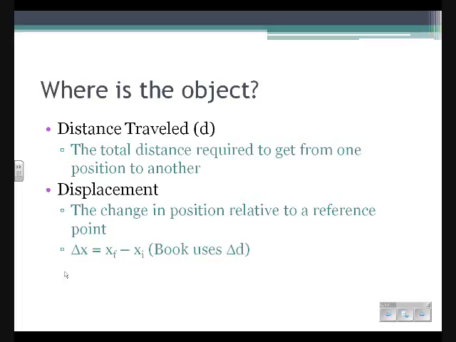You have a 0 point, you have a positive side of the number line, you have a negative side of the number line. Because of that, a lot of times books will use x, sort of representing the x-axis that this object is moving along. So the change in position, delta x, equals x final, where it finished, minus x initial. Your book uses delta d, but the concept remains the same.